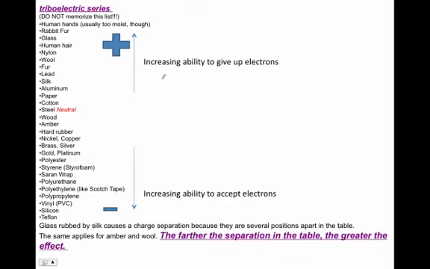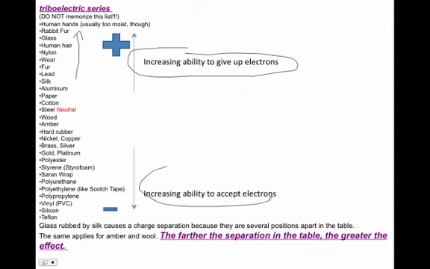After several tests, what happened is substances higher up on this scale mean that they have an increased ability to give up their electrons. Rabbit fur, glass, human hair, nylon, wool, etc. They're really good substances at giving up their electrons, letting them go.